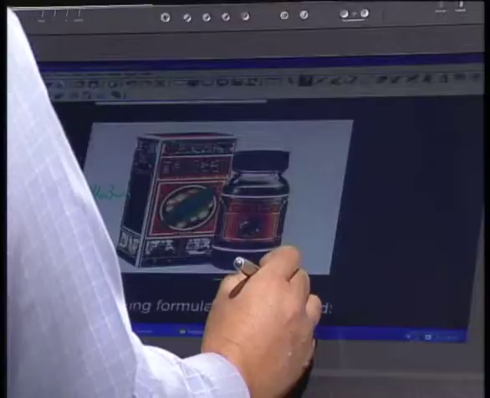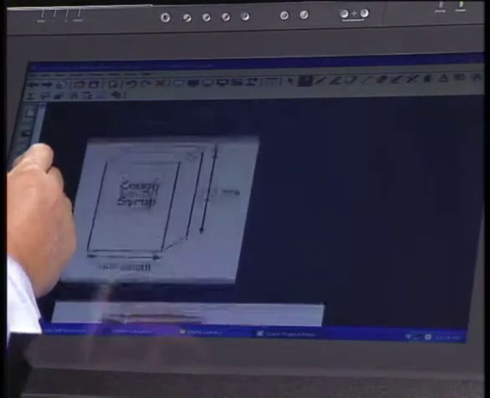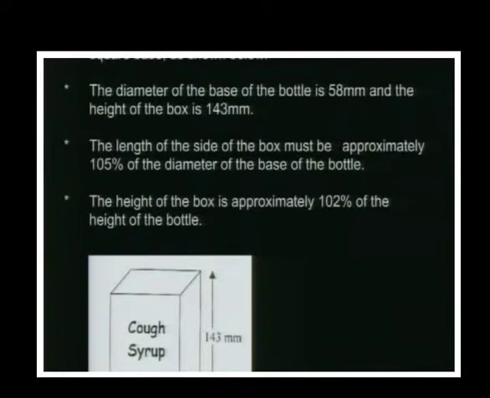Now, it's very easy to get confused as to whether the examiner is talking about the box or the bottle. So we've got to read the question carefully. We're told the diameter of the bottle is 58 millimeters, and the height of the box is 143 millimeters. Next bit of information: the length of the side of the box must be approximately 105% of the diameter of the bottle.